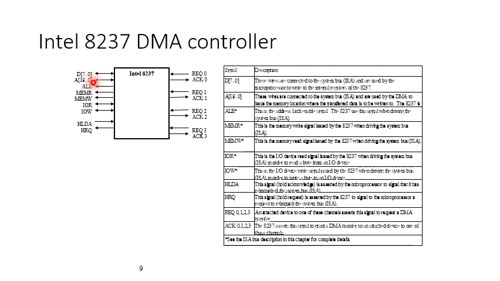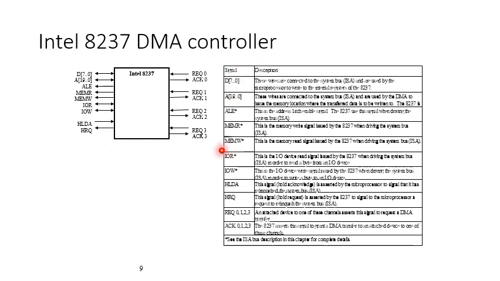The address bus is 20-bit. Then we have address latch enable, the memory read signal, memory write, input output read signal, and input output write signal. Then we have HLDA, which is hold acknowledge, and HRQ, which is hold request.